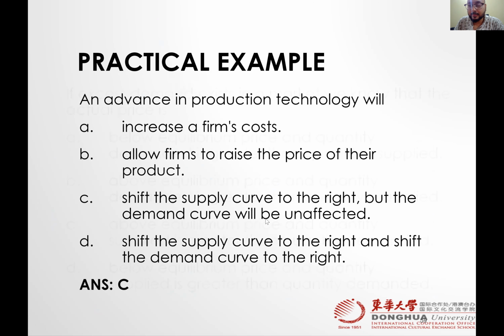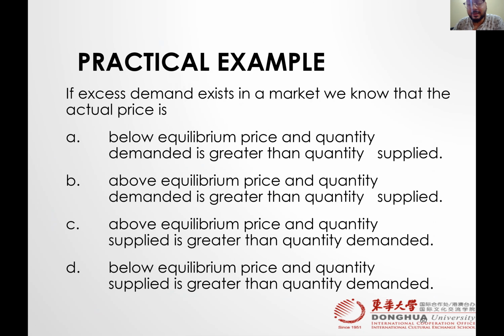Gustavo, you understand that? If you understand that, then please answer this question as well. If excess demand exists in a market, we know that the actual price, guess the definition of excess demand. Excess demand means shortage. Shortage occurs when price is below the equilibrium price, right? Now, answer this question.